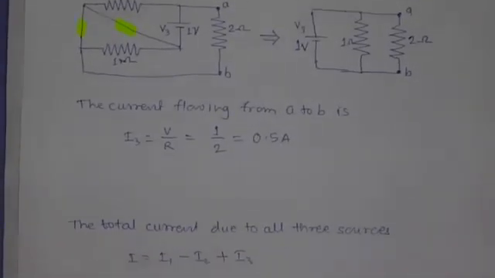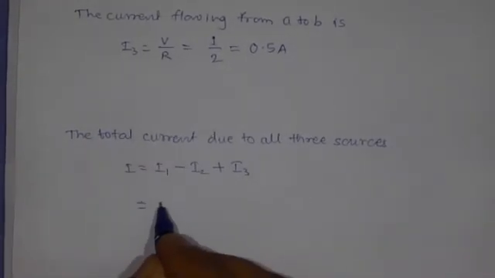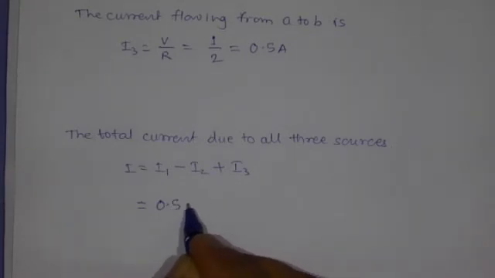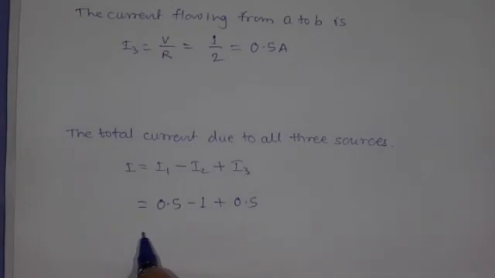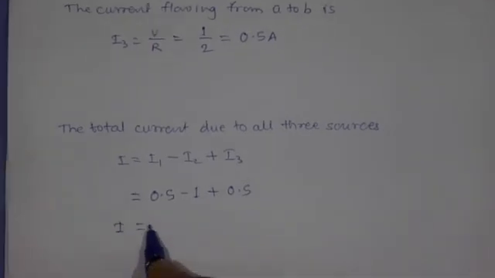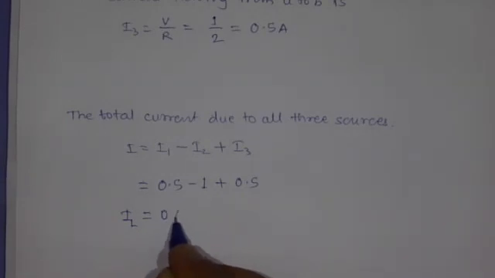That is, I1 should be 0.5, I2 should be 1 ampere, and I3 should also be 0.5. It gives the current flowing through this RL, which is 0 ampere.